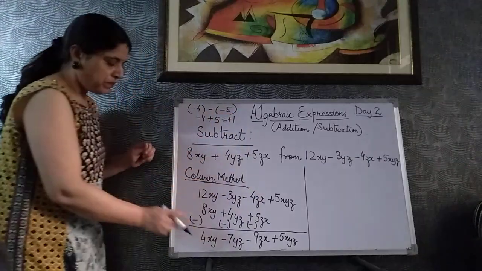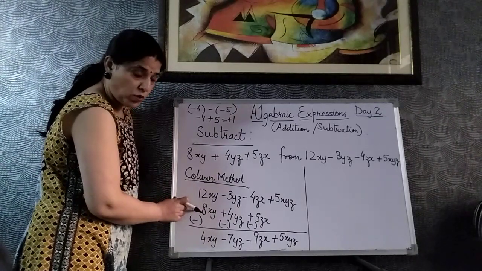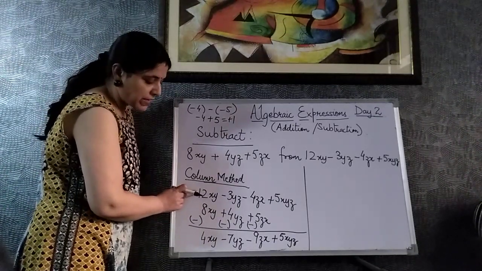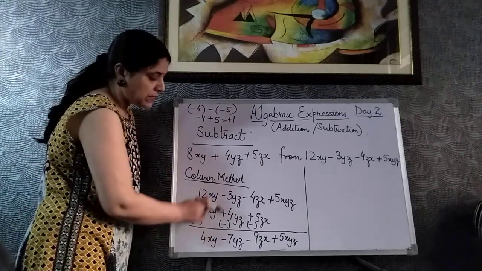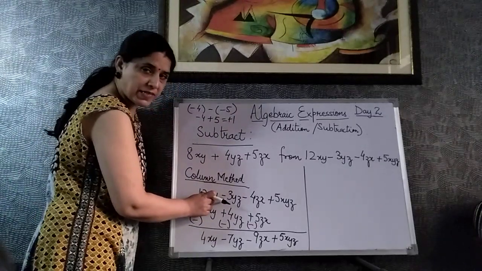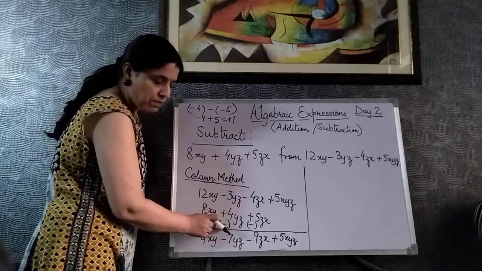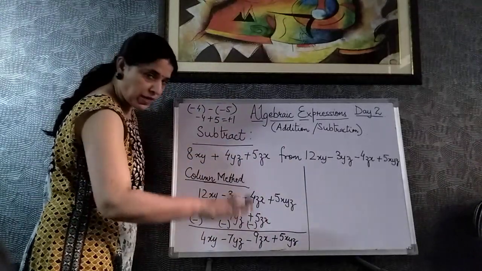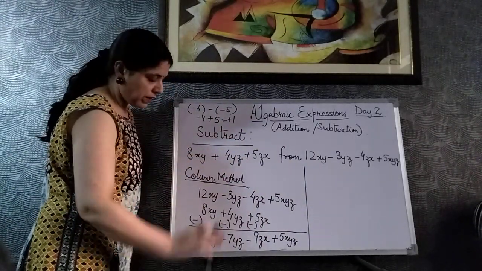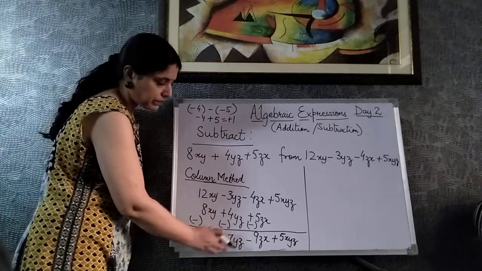Same way here, now 12xy, and this is not plus 8xy, this is minus 8xy. 12xy minus 8xy becomes 4xy. Similarly, minus 3yz minus 4yz. Minus 3 minus 4 is what? Both are negative, going down 3 and then more downstairs, you get minus 7yz.